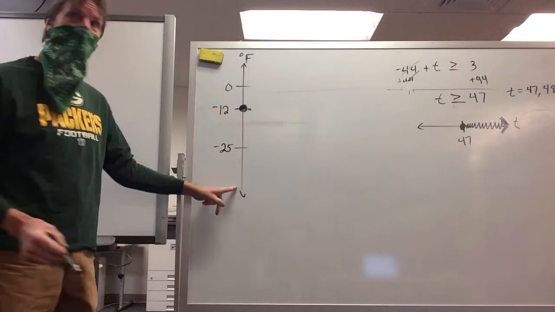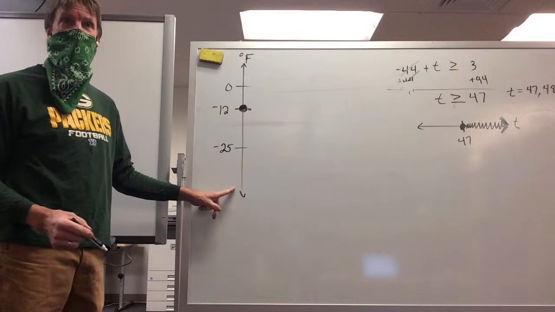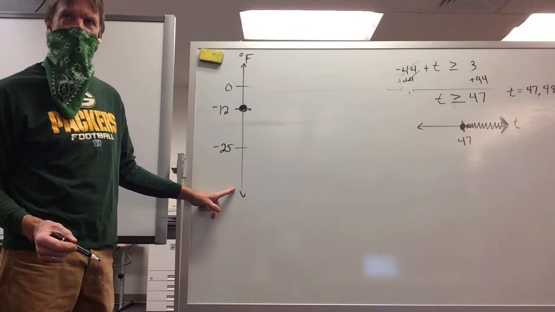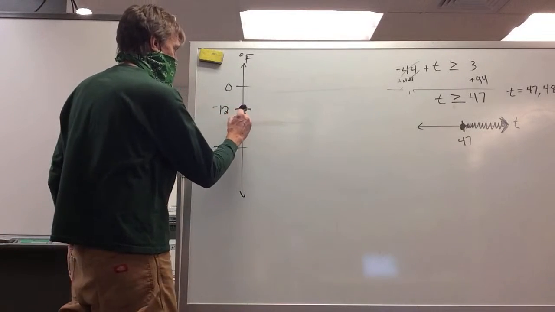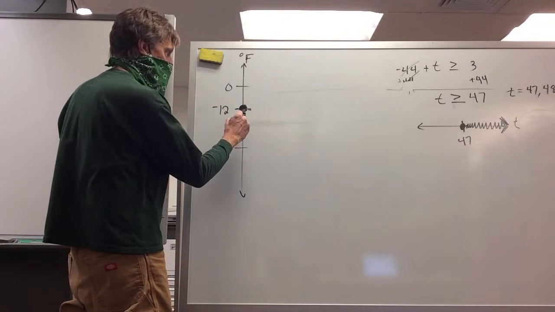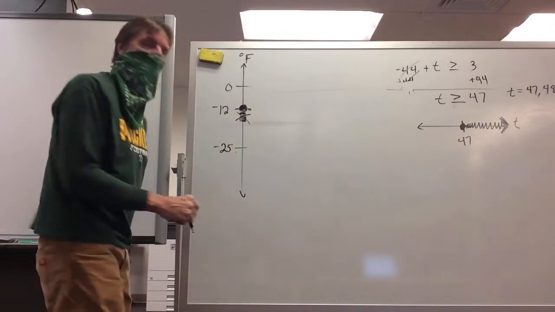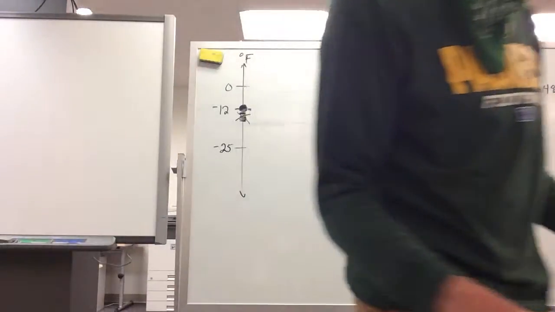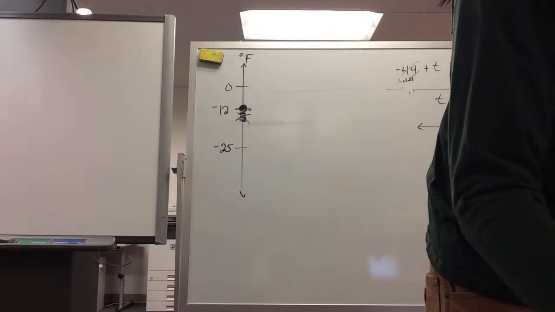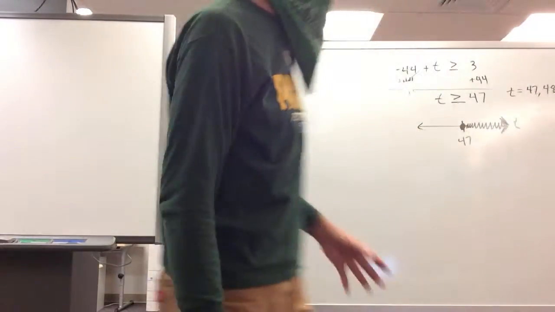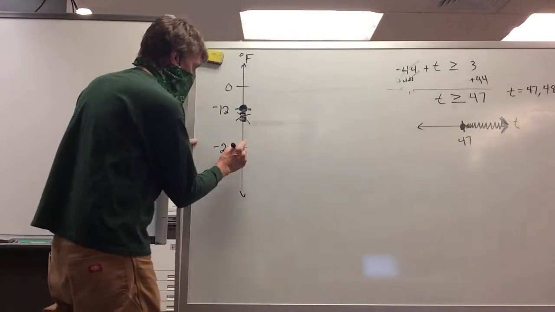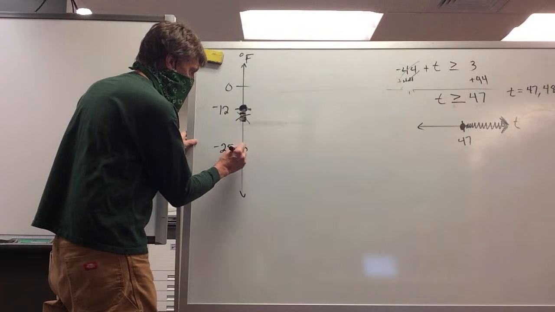Did they say where it stopped? No. I'm sure it stopped somewhere. But it could have been, ooh, not here, right? It got below -25. So what's the question? By how much did the temperature change? Ooh. Okay, so now the temperature did something like this.